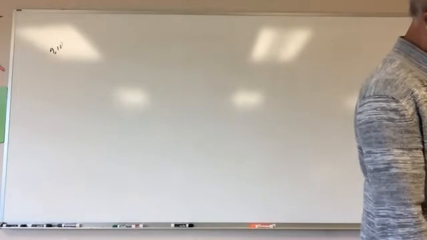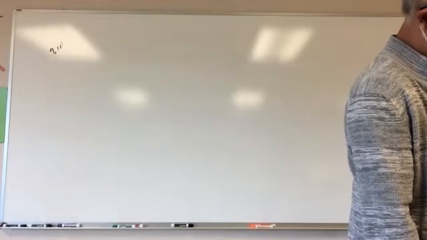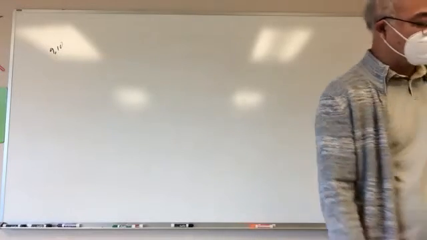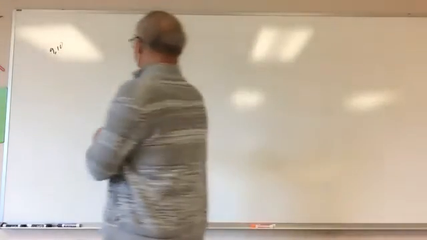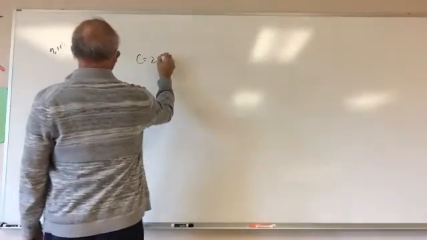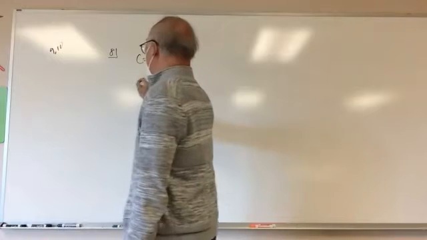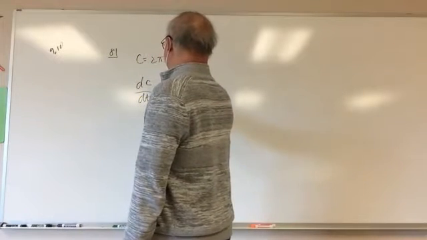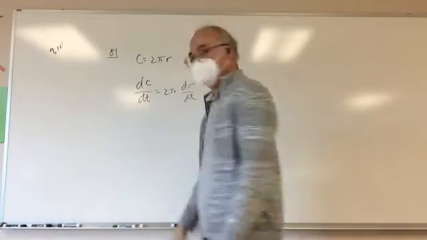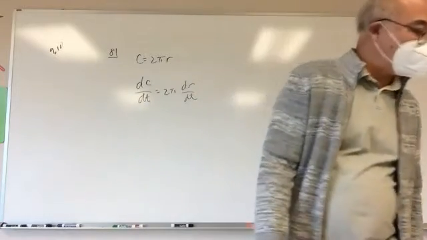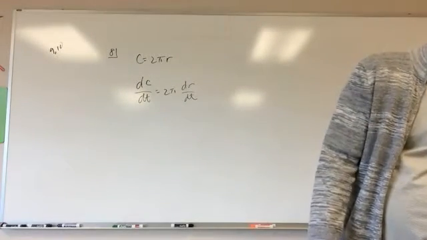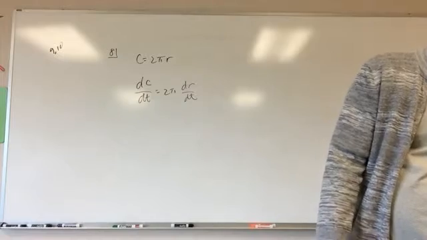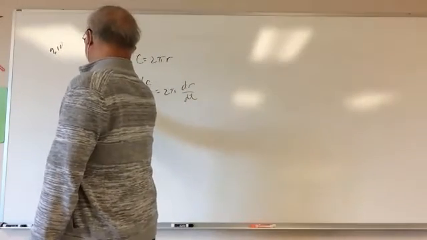The rate of growth of the radius of the plate is, okay, but we're given that C is equal to 2 pi r. dC dt is equal to 2 pi dr dt. And we are given dC dt, right? dC dt is equal to 4 pi.